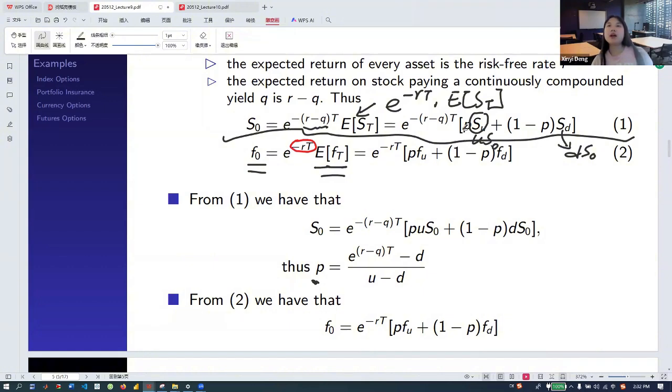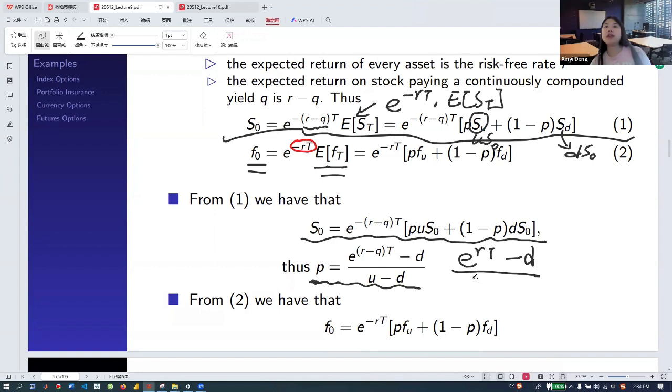If we take that into account and solve for p from equation 1, we get that p is now equal to e to the power of (R minus q) times T, minus d, divided by u minus d. For the original version, we have e to the power of RT minus d, divided by u minus d. So now we just replace that R with R minus q.